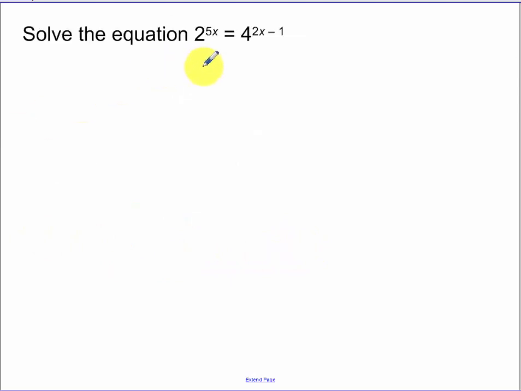The next example. Again, try and get them so that the base is the smaller of the two numbers, meaning 2. So 4 we know is 2 squared. So I'm basically just changing that 4 to 2 squared. And then you put the other exponent on the outside. Now remember that you want to multiply those exponents.